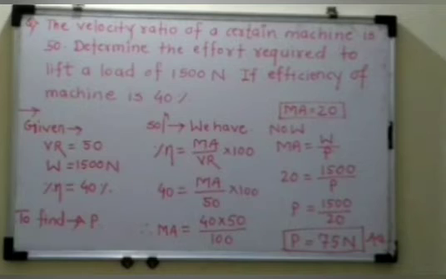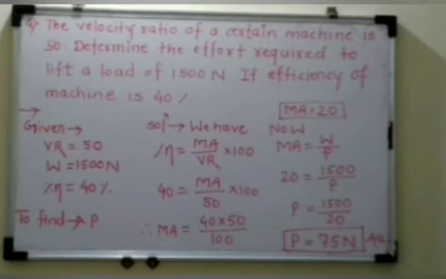So our first duty is to apply the formula of efficiency. While solving any numerical, you must apply this trick. Whenever any value is given in the numerical and its formula is also known to us, that formula you must apply initially, so that you will get some unknown value.